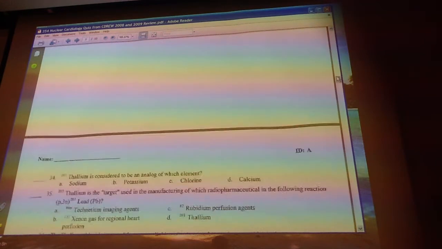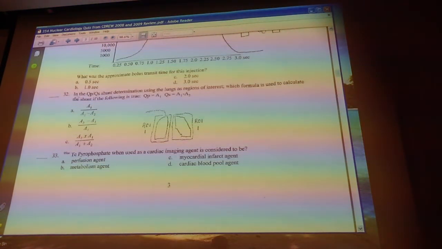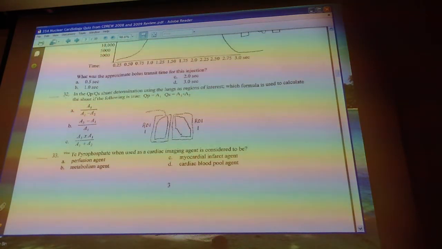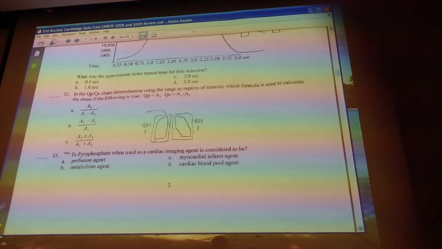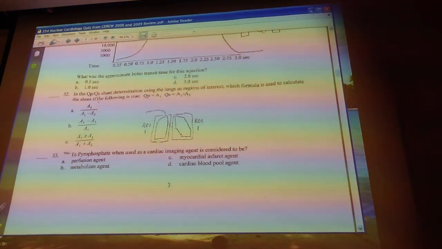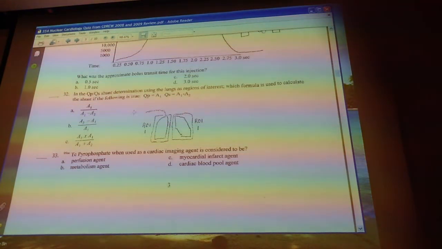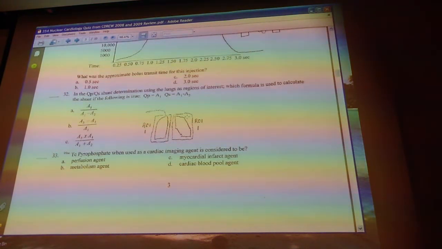But on this one here, the questions, as I got more sophisticated, this is a test. Okay, this is number 32 here. Okay, the QP to QS ratio, remember we said that if you have a ratio of 1.0, what does that mean? Do we have a shunt or no shunt?